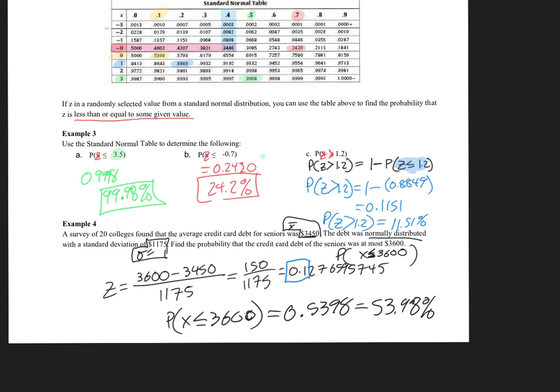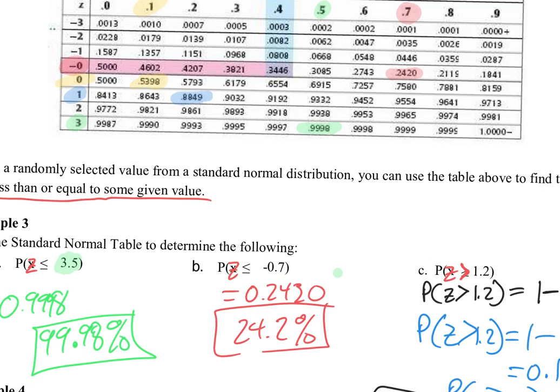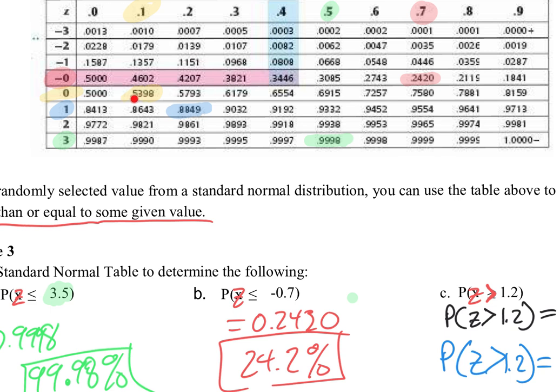What we could do is say it's somewhere between 0.1 and 0.2. So it's somewhere between this 0.5398, which is basically 0.54, and this 0.5793, which is basically 0.58.